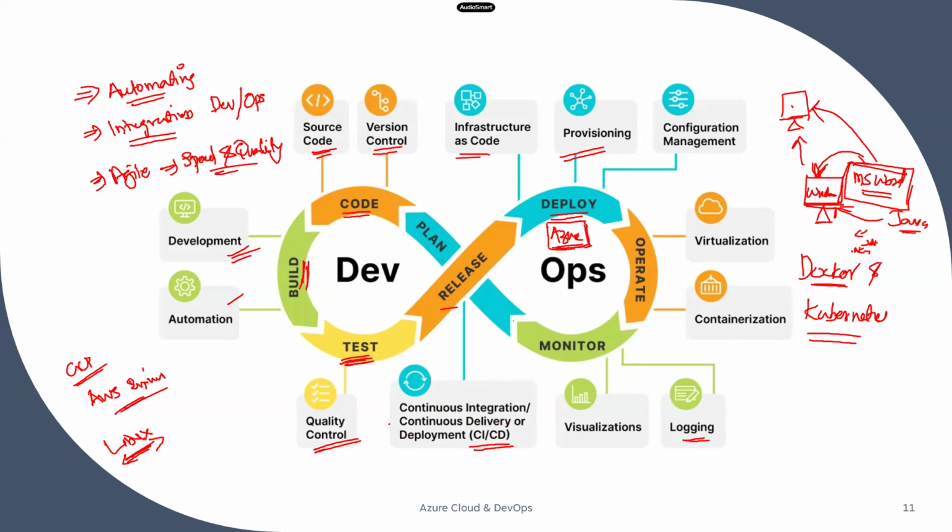In this, I can point out some topics: CI/CD, infrastructure as code, configuration management. These three are very important. Also version control. These four are very important. Others are important too, but comparably, these four are very important.